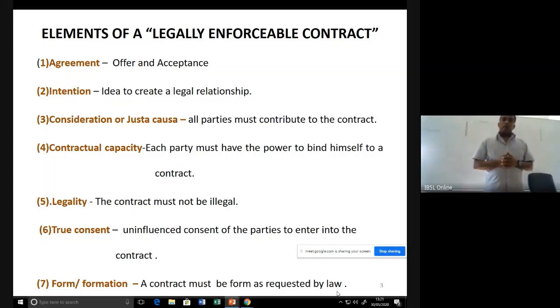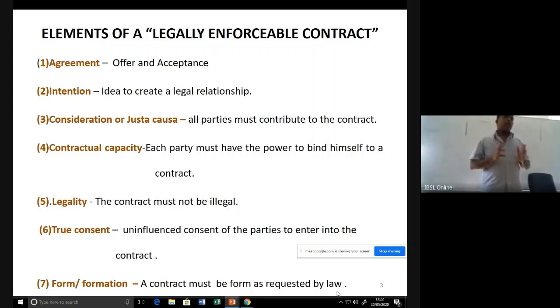For example, your father agrees to give you a car as a gift if you pass the exam. You have passed the exam, but whatever the reason, father is happy that you passed, but he can't afford to buy a car. So he has now breached the contract.